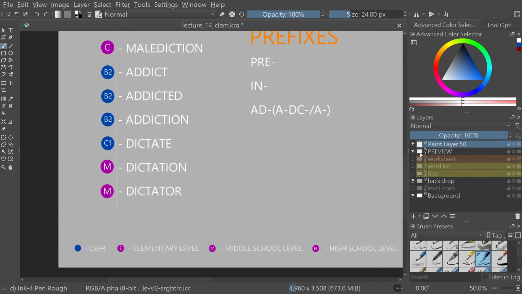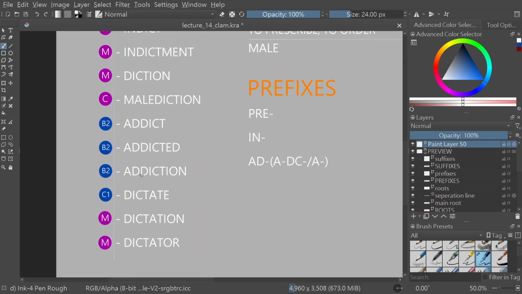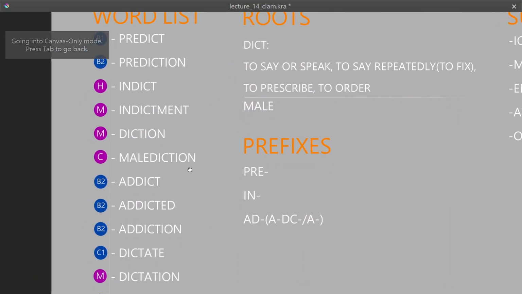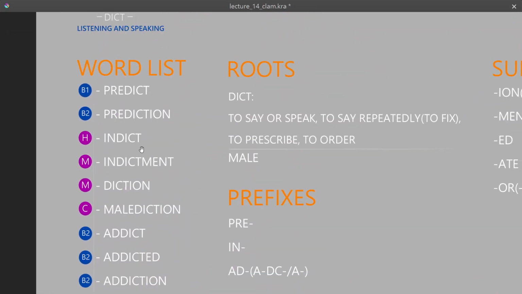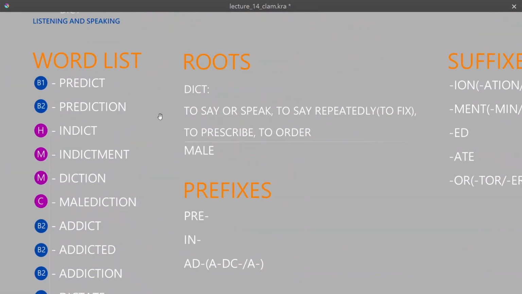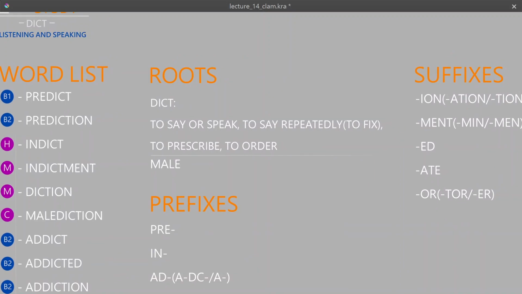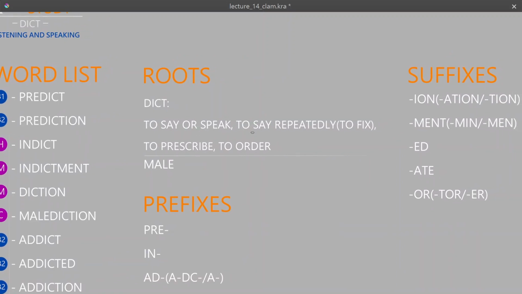So in the next section, we're gonna study some words that share a root, dict, meaning to say or speak, to say repeatedly.